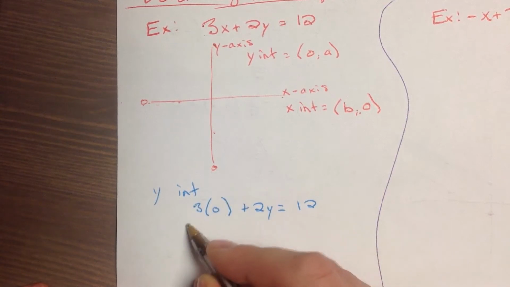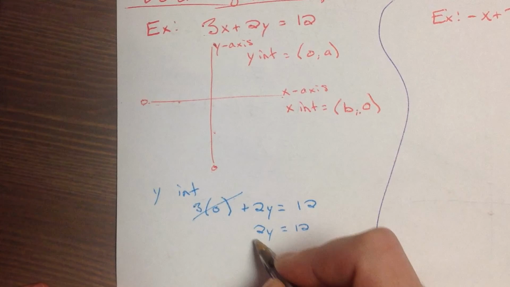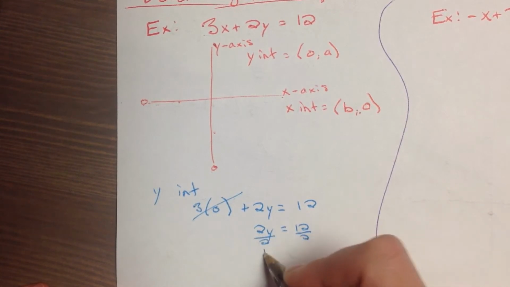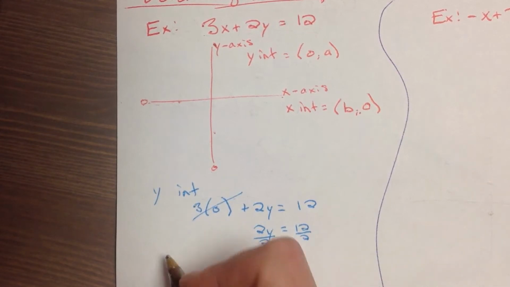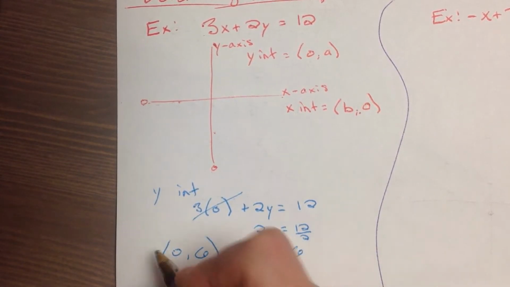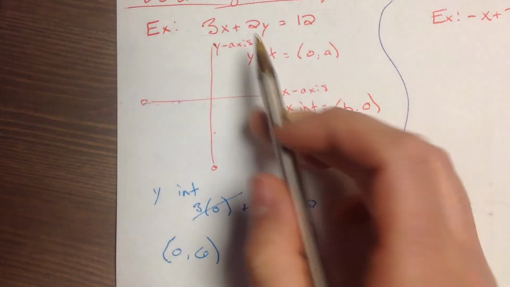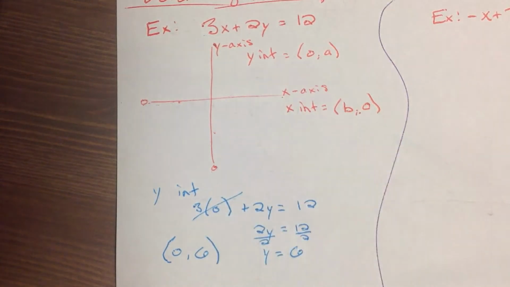So this goes away. 3 times 0 is 0. 2y equals 12. Divide both sides by 2. And y equals 6. So in other words, 0, 6 would be where this line would cross the y-axis, up here, somewhere.